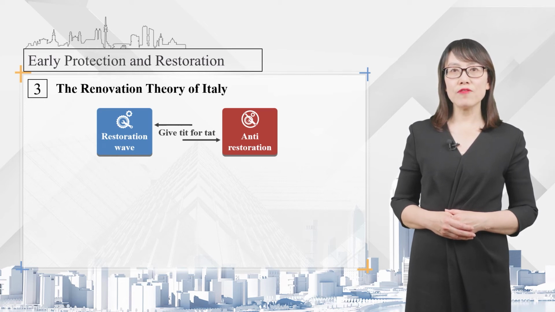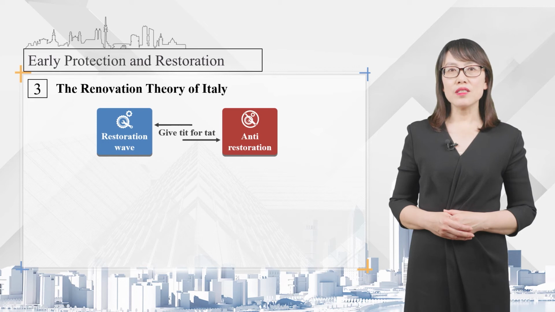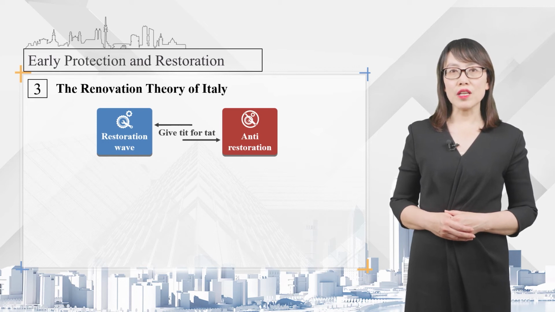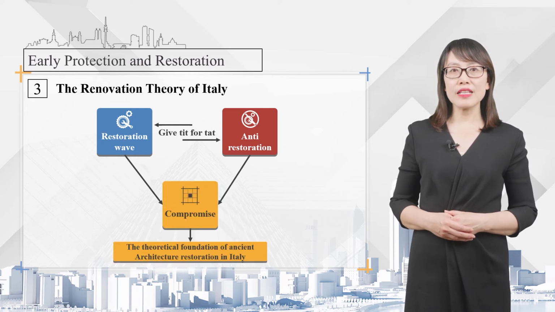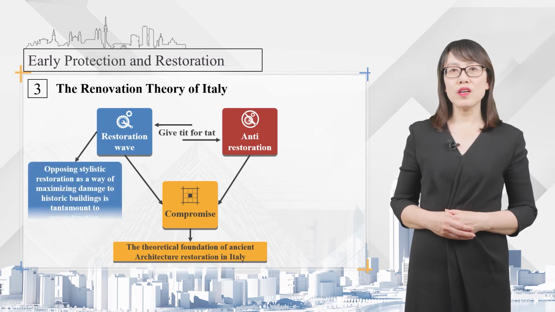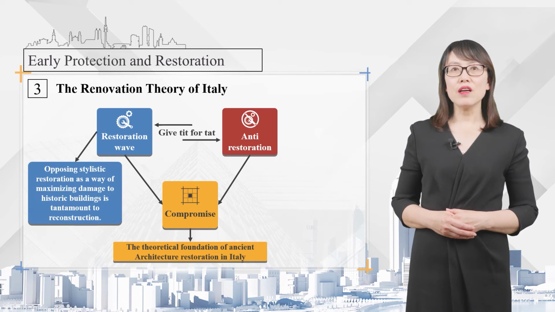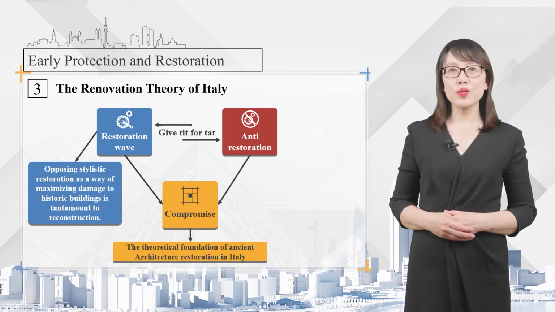by Britain, fought each other, the Italian scholars, represented by Camillo Boito and Gustavo Giovannoni, criticized and reflected on the views of the two schools, and put forward a comprehensive, neutral theory, opposing stylistic restoration as a way of maximizing damage to historic buildings, tantamount to reconstruction.